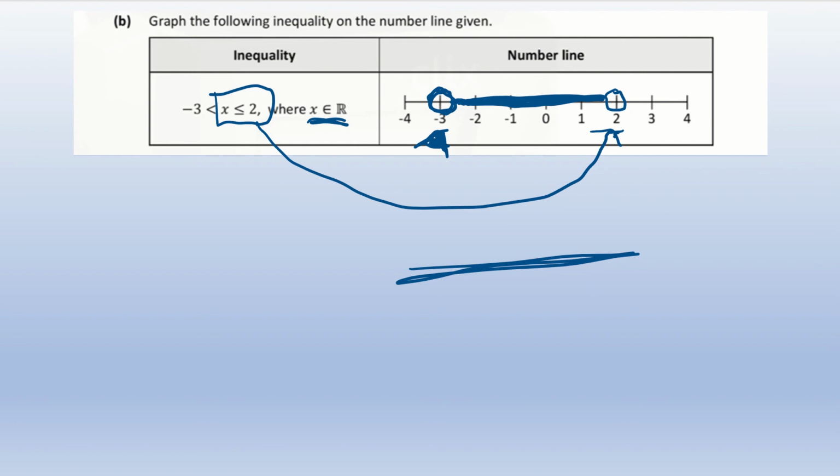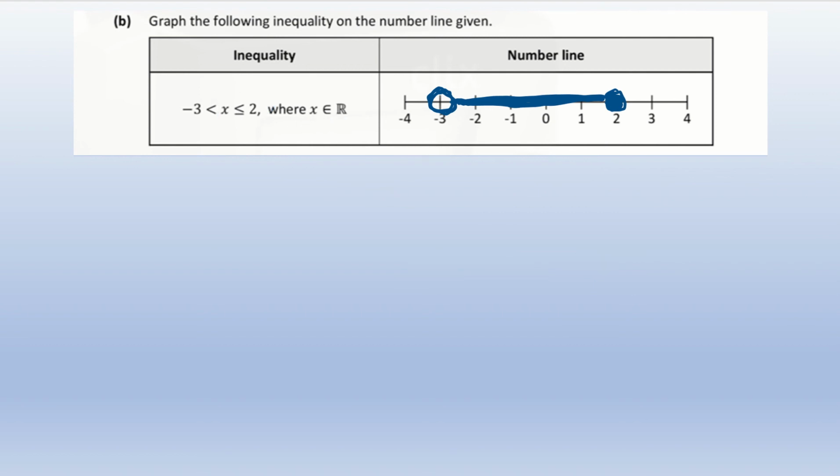The question says less than or equal to 2, so we need to color that in. And if I take away all my rough work, that is your question B answered.